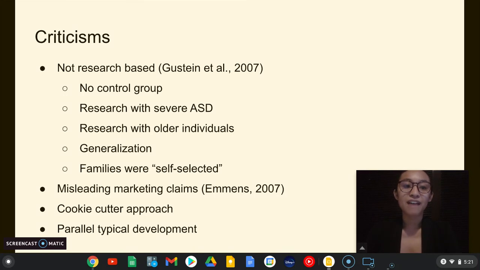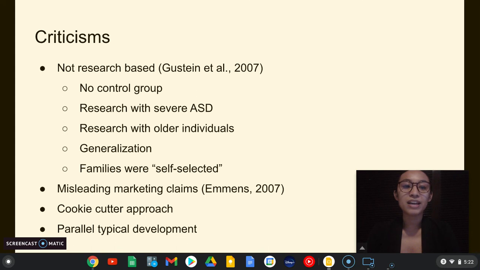Another criticism is that the families in the study were self-selected, meaning that they were motivated to participate in the study. Therefore, it may have affected the results of the study because they were eager to be involved.